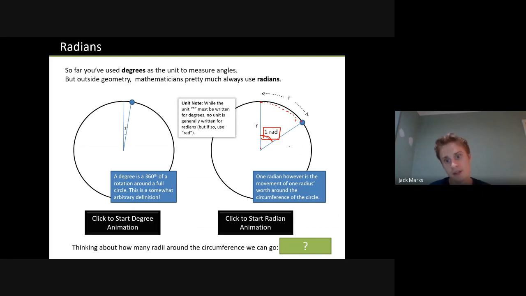Okay, so how many of these radians will go into a circle? Well, think about r on the outside. How many r's go together to cover the circumference of a circle? Actually, you know this already. The circumference is made up of how many r's? It's made up of 2 pi r's, a little bit over 6.